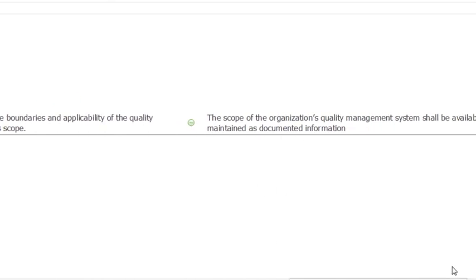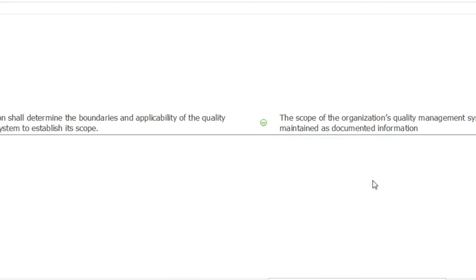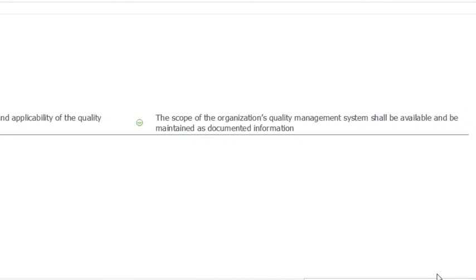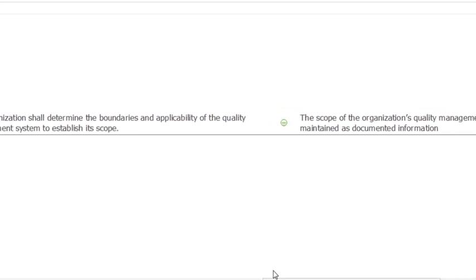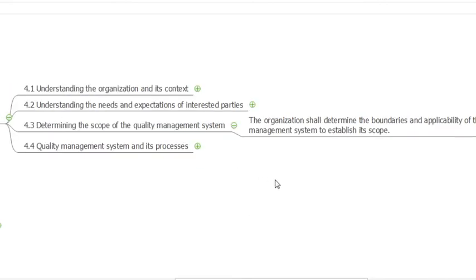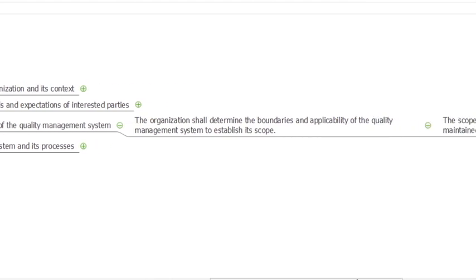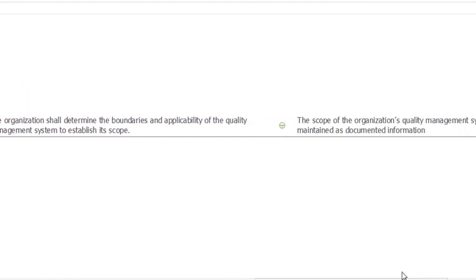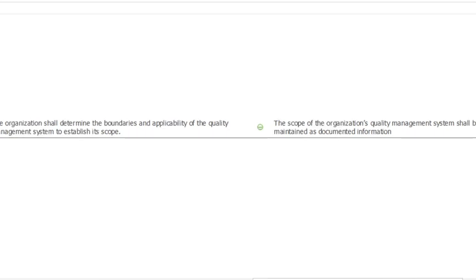Next, just one example we can take. The scope of the organization's quality management system shall be available and be maintained as documented information. Here it says the organization shall determine the boundaries and applicability of the quality management system; we have to define it.